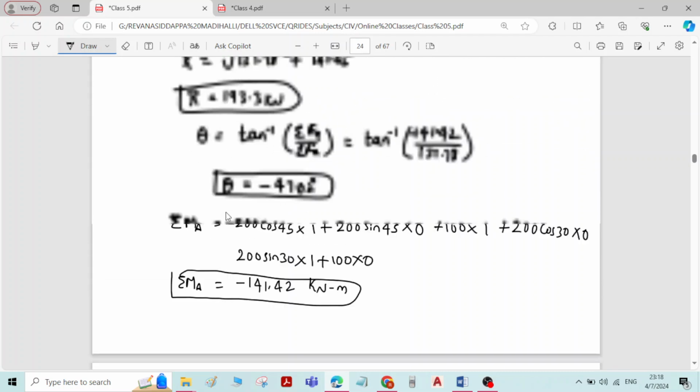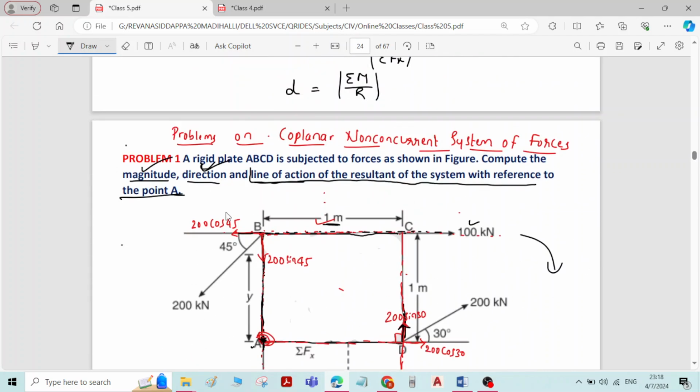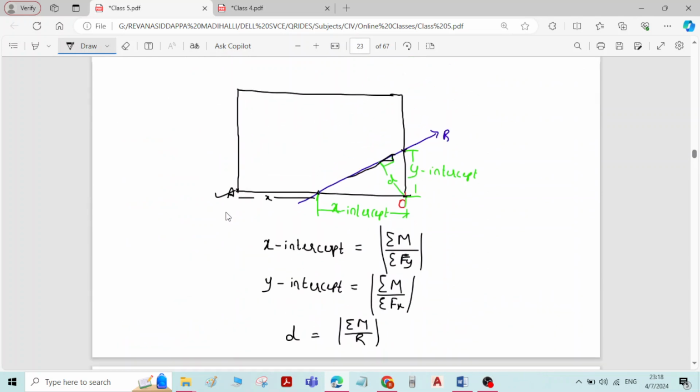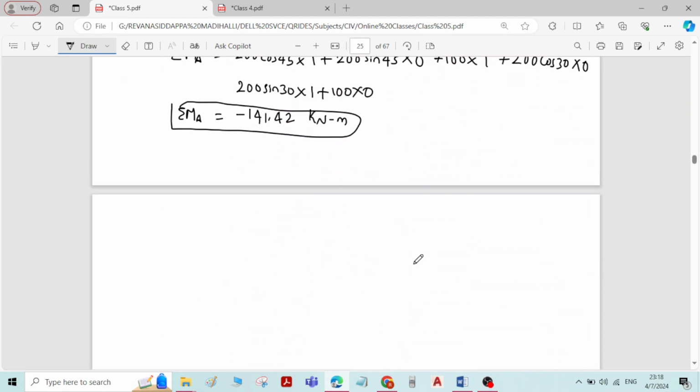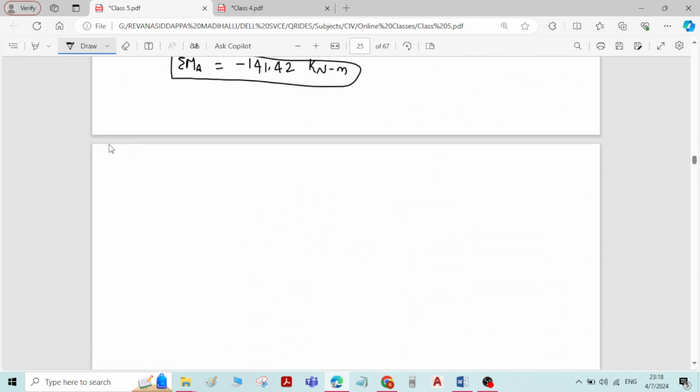Now we have the formula to find the x-intercept, y-intercept and D. What is the x-intercept formula? Mod of sigma M by sigma Fy. We know that x-intercept is equal to sigma M by sigma Fy.